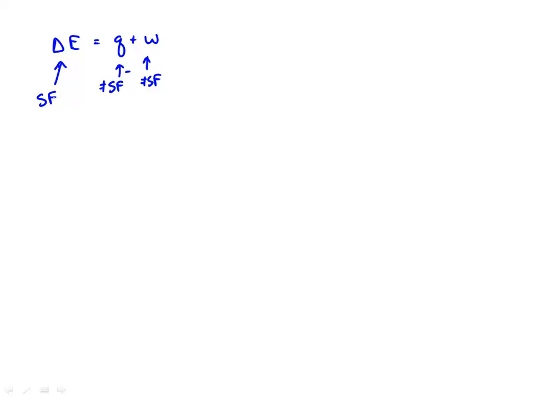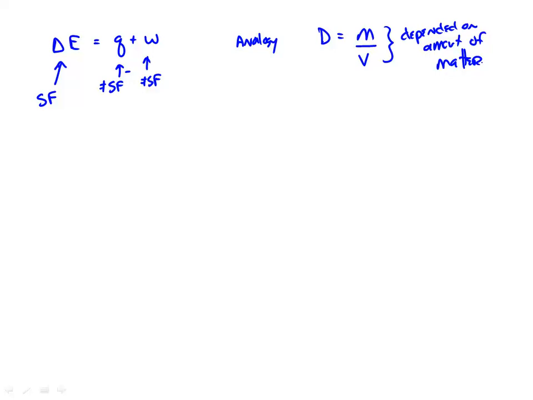So one of the things we want to realize is that when we're measuring energy changes, we always have to measure both aspects of it. As an analogy, you can think about density equals mass over volume. We said that both mass and volume depend on the amount of matter, right? Meaning, the more I have of something, the bigger its mass is, and the more I have of something, the bigger its volume is.